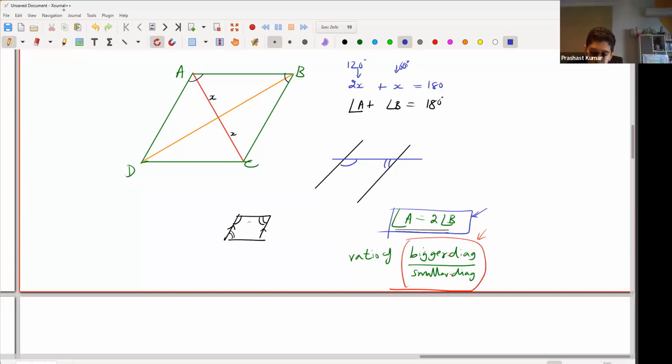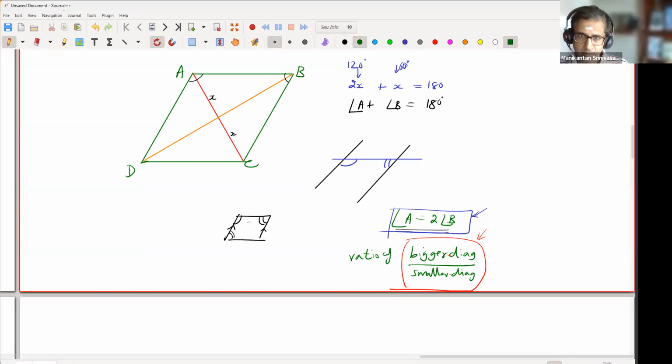Can I continue from here? I think I know how to find the ratio of the diagonals. Prashant, can you continue from here? Yes, we know the diagonals of the rhombus intersect and make 90-degree angles.